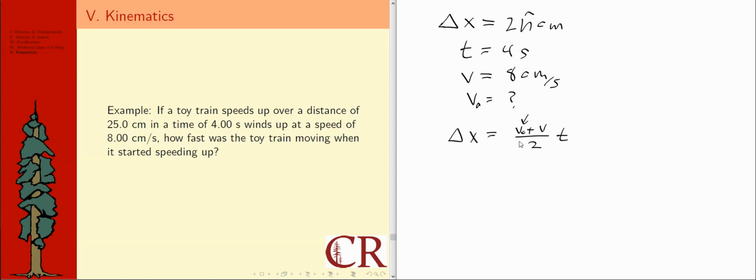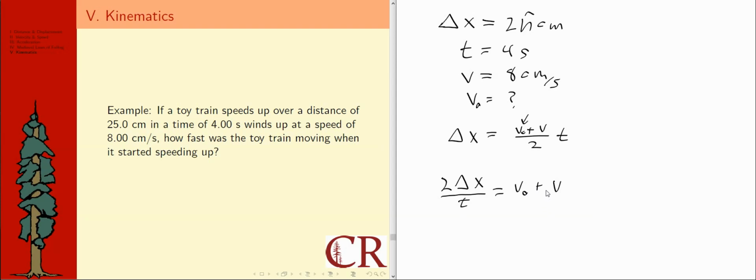So what I'm going to do instead is start to do the algebraic manipulations more formally. Maybe I could multiply both sides by 2, and divide by time on both sides as well, and then I have this expression. And remember, v naught is the thing I'm trying to isolate. I've got this arrow to help me remember that, because one of the things about formal equations is we're not used to this.